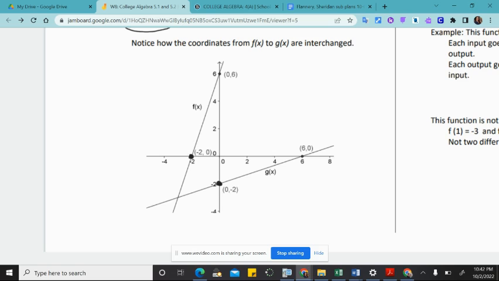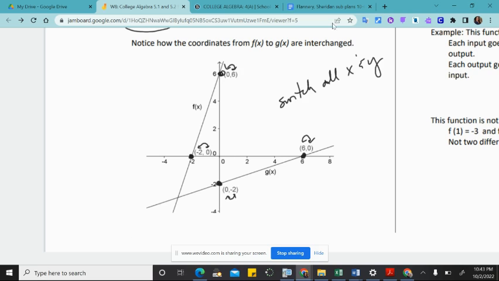Well, those are inverses of each other. Let's look at another point, 6, 0, and 0, 6. Those are inverses of each other. If you just switch the order, if you switch all the x's and y's, you get the inverse.